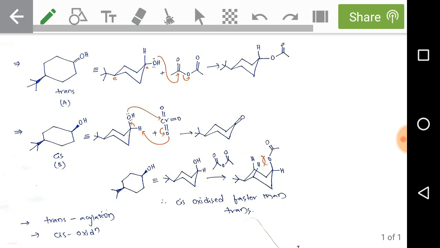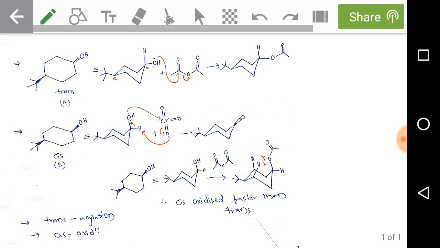After that, the lone pair of electrons on the hydroxy group can attack this anhydride to produce the product. So here you can see the acylation is very easy, that means there is no steric repulsion in this trans product A. Whereas if you observe the cis product, here also two groups are at 1,4 positions, cis to each other. Now we need to convert this into chair conformation.